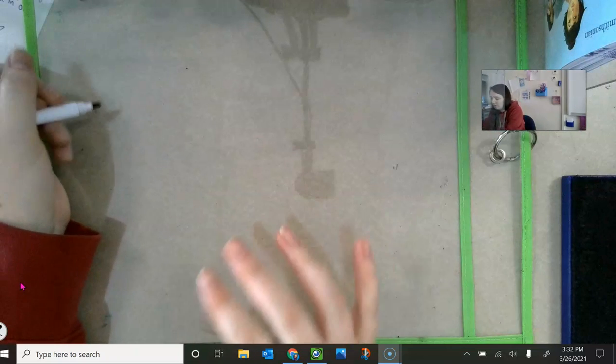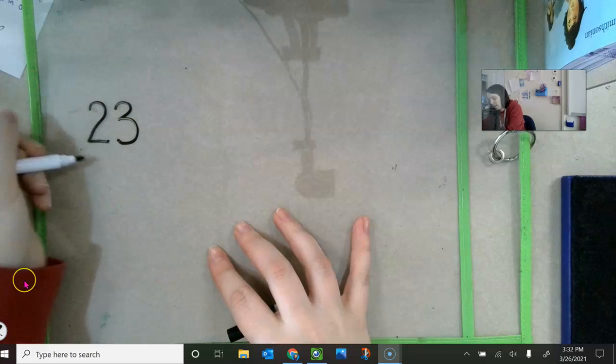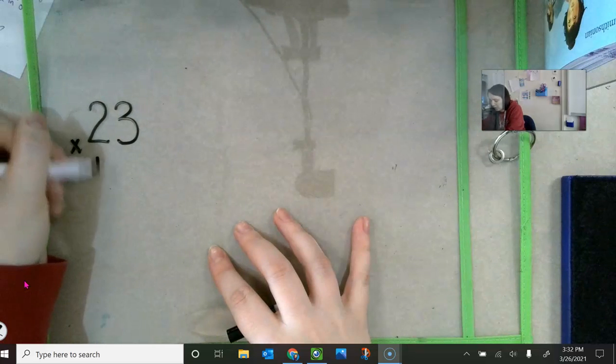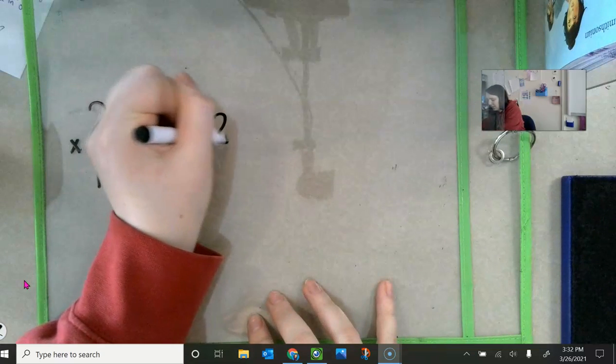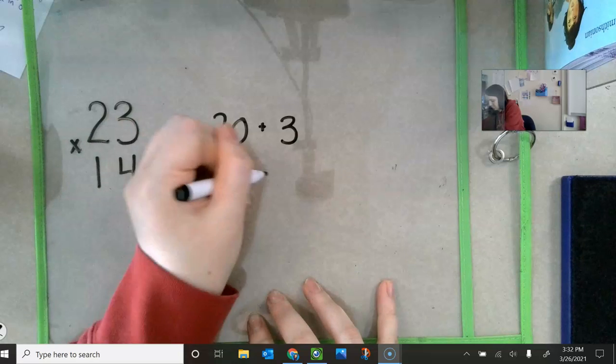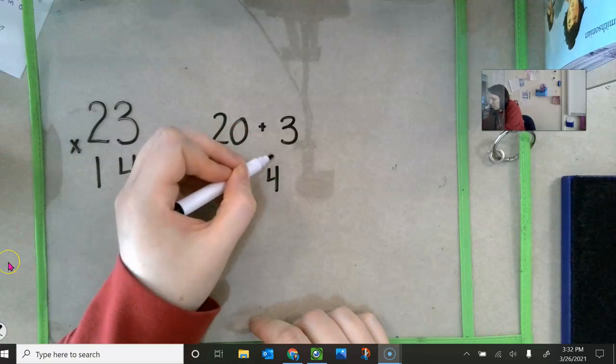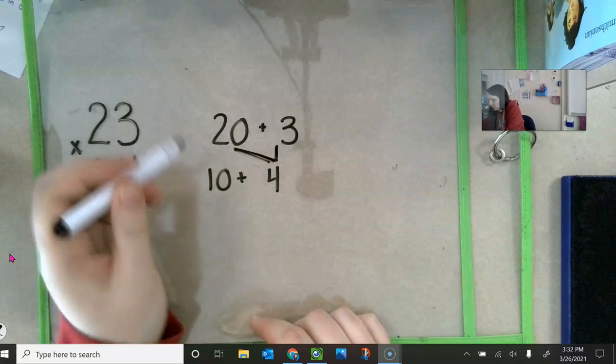We're going to start off, though, by looking at the partial products with the bow tie. So if I do 23 times 14, when I do partial products, I would write it in expanded form. And I would start by multiplying these numbers together, then these numbers together.